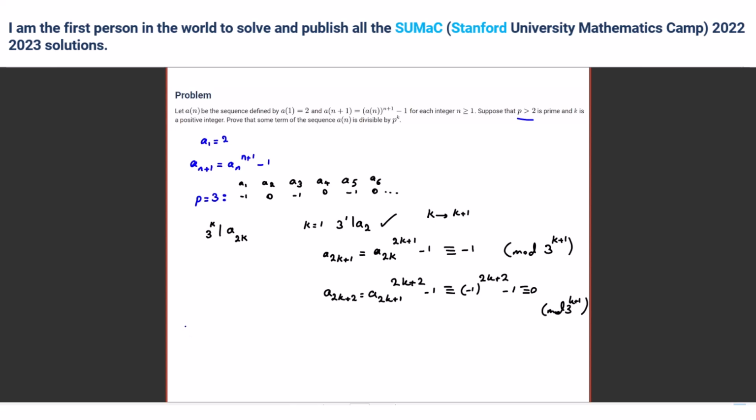Where p is 5. 5, exactly. We check p equals 5. p equals 5 and 3 are easy. p equals 7 will be a bit harder, and with p equals 7 we can solve for general p. So let's solve p equals 5. Try it first on your own.